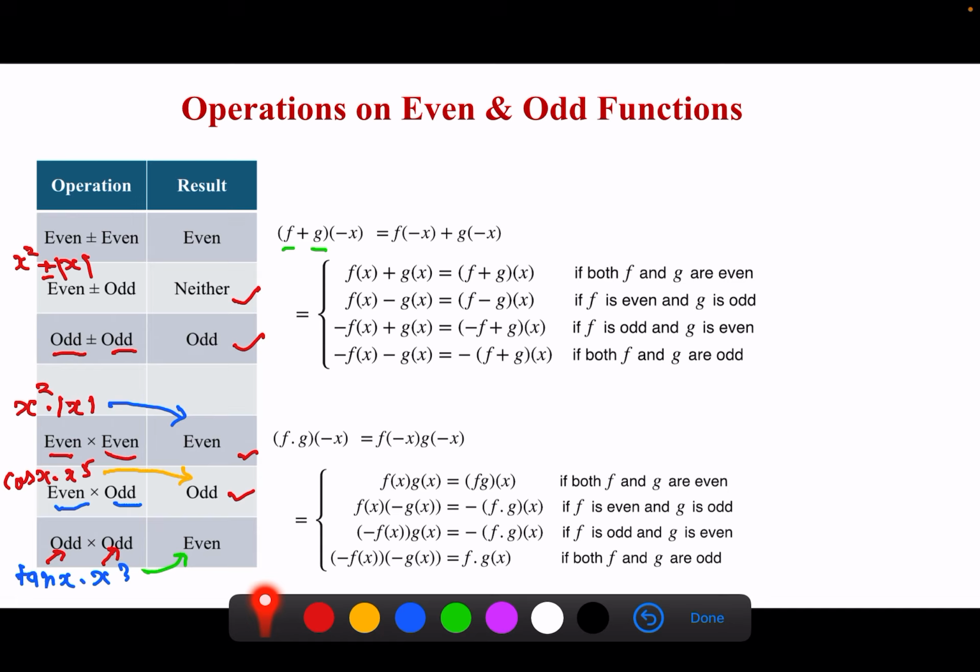That can be written as (fg)(x). Means if both functions are odd, then the product will be an even function. Similarly, results can be proved for subtraction and division also, provided that the denominator must be non-zero.